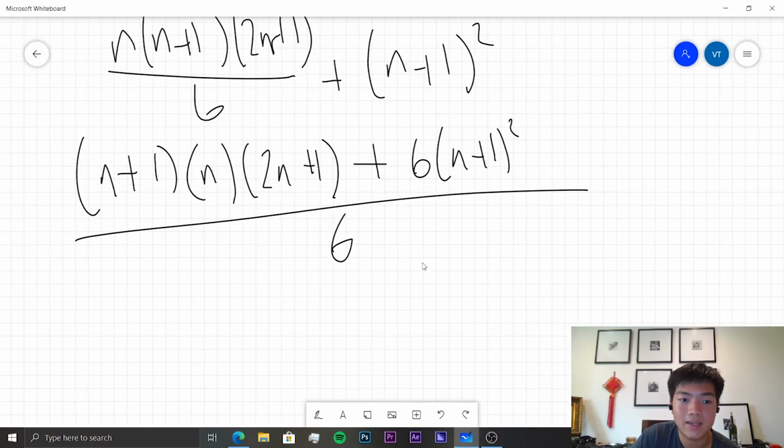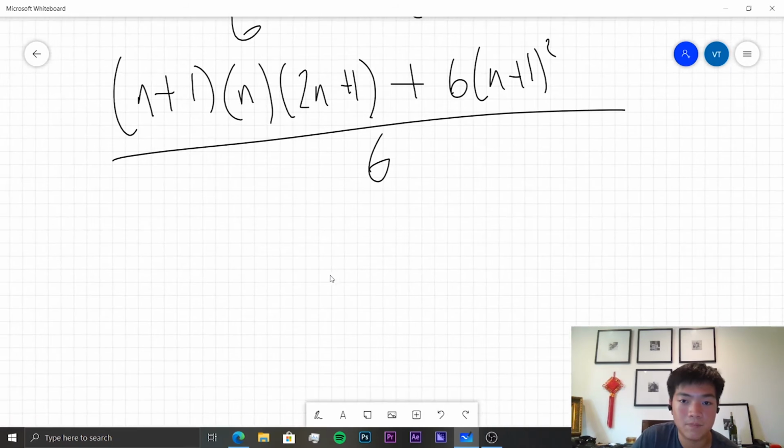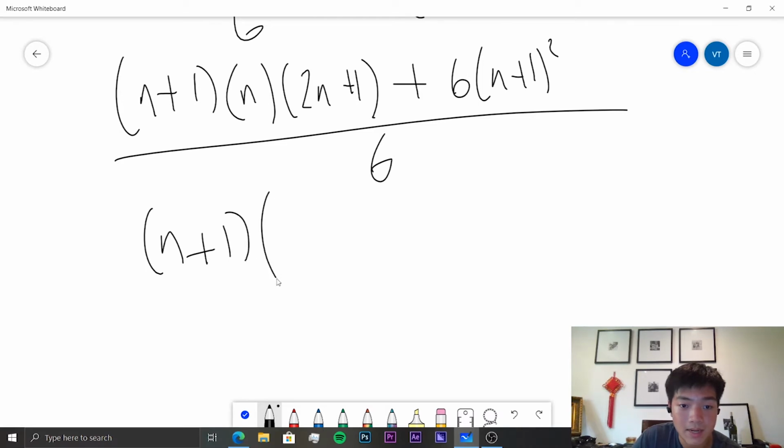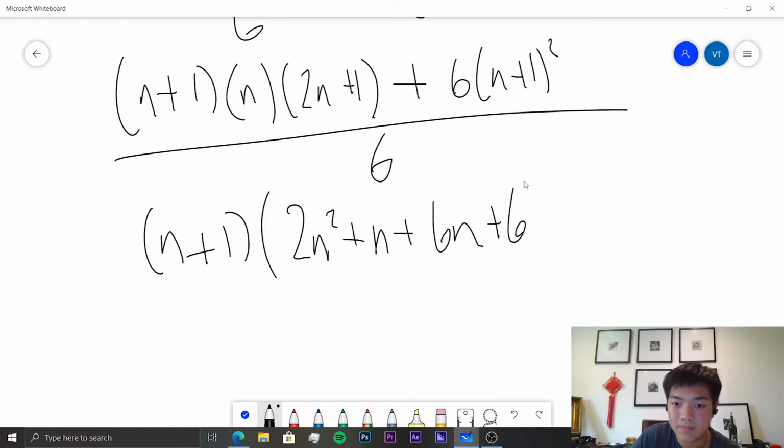And so that is equal to, if we combine like terms, we have n plus 1 times, well, let's expand this. So this would be 2n squared plus n, plus 6 times n, plus 6, all over 6, of course.